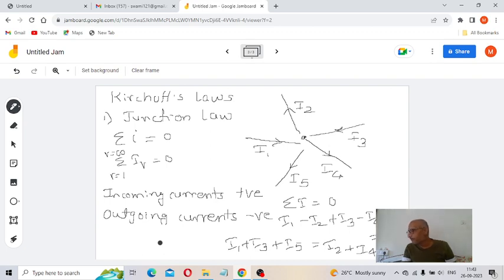The second law is the voltage law. Here we have to consider one electrical circuit network.